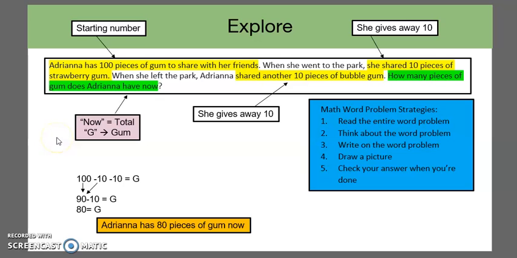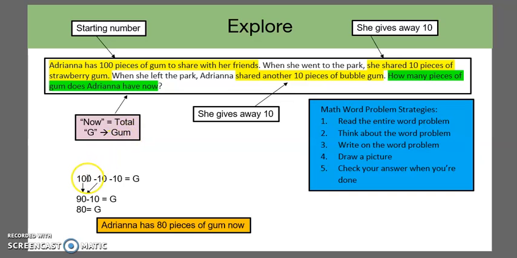Here we can annotate the problem. We see that Adriana starts out with 100 pieces of gum. She shared 10 pieces. Sharing means she gave away, so that tells us giving away is subtraction. Then when she left the park, Adriana shared another 10 pieces of gum, which she gives away, so she subtracts 10 again.